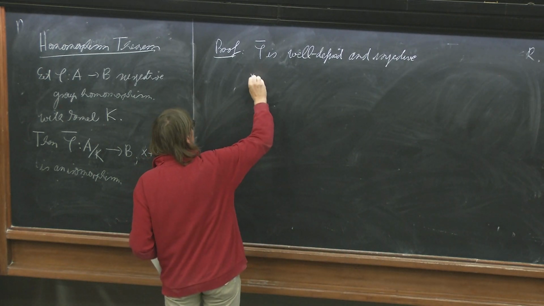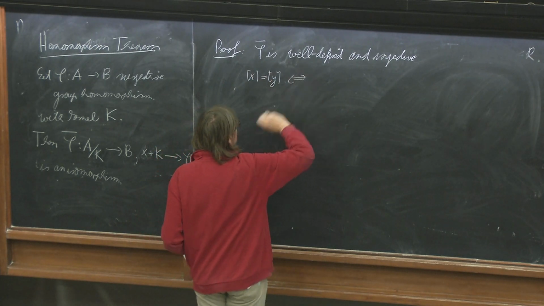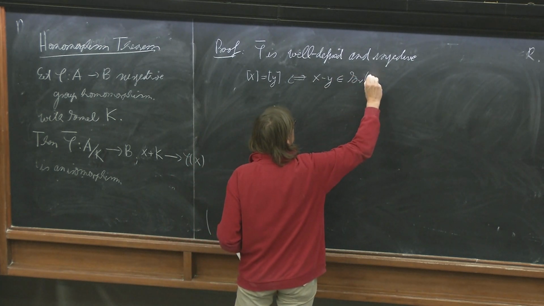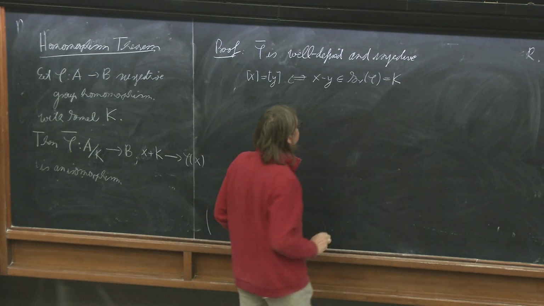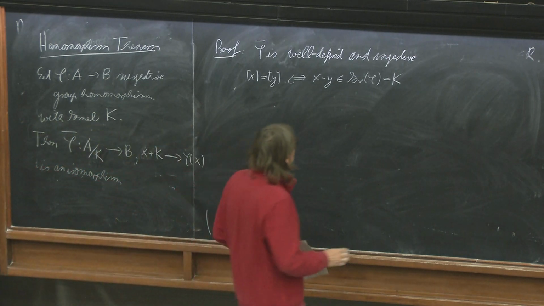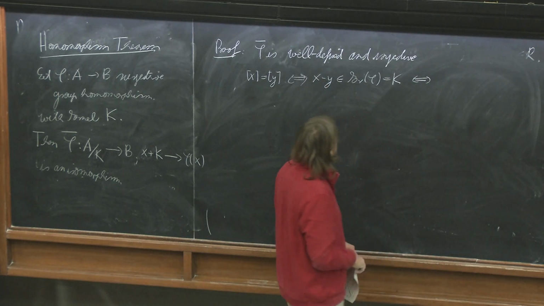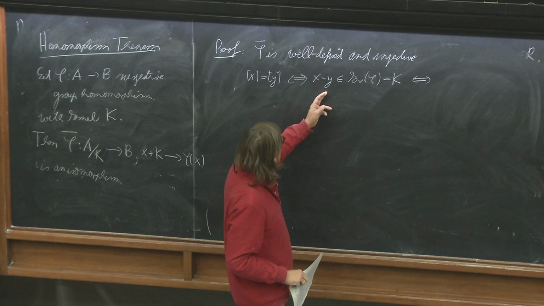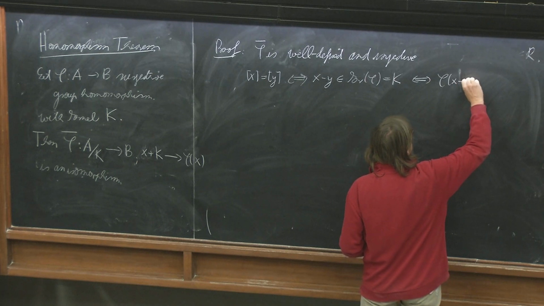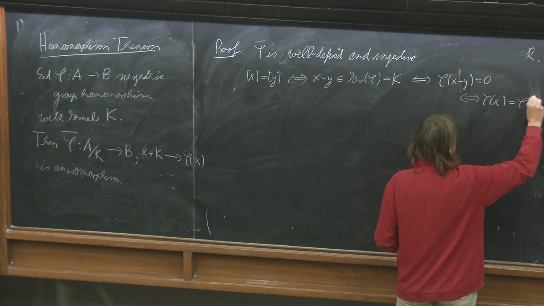That says the class of x is equal to the class of y if and only if the difference of x and y lies in the kernel of phi. That's the definition of being in the same class, which is equivalent to phi of x minus y being equal to 0, which is equivalent to phi of x being equal to phi of y.